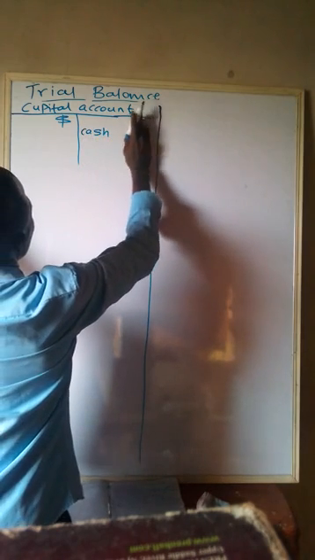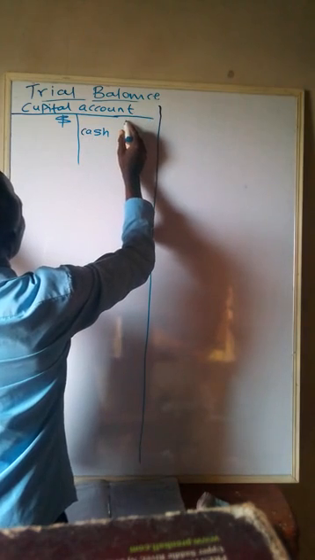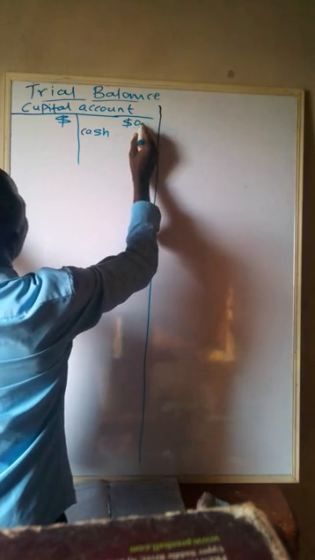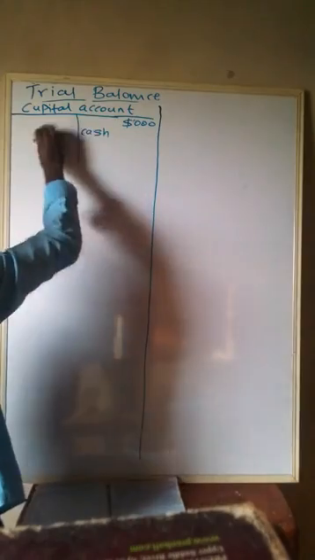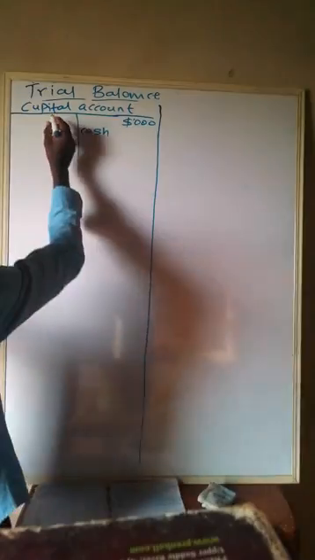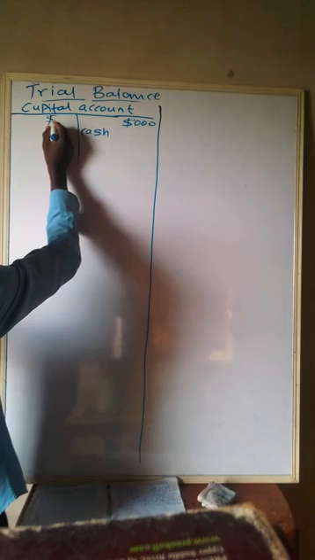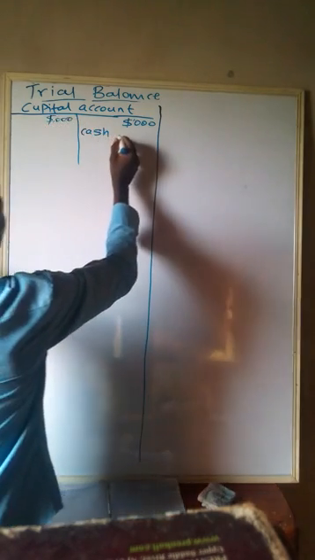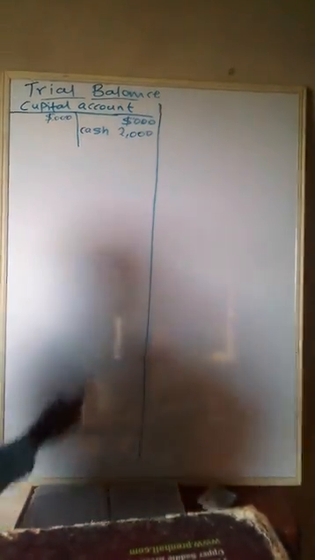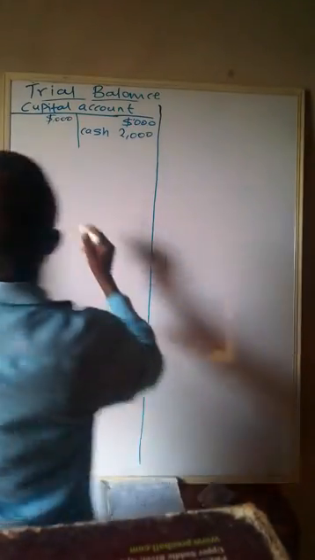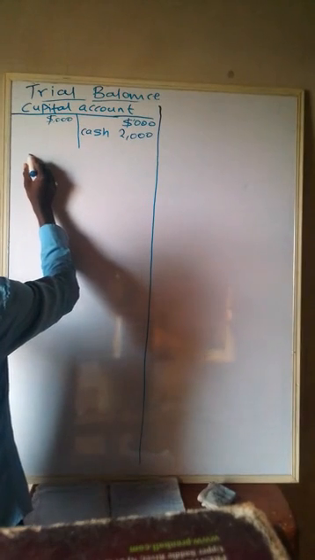Let me put in thousands here, also here in thousands because of space. And this is $2 million.